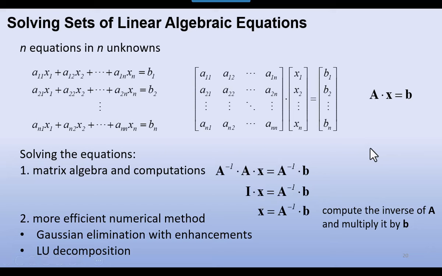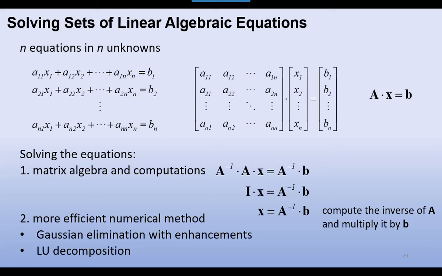Now we can do it that way, but numerically it is inefficient, and there are better algorithms for this that are based on techniques like Gaussian elimination, or another one that's called LU decomposition, where the L stands for lower triangular and the U stands for upper triangular. So there are more efficient methods available to us than just doing this calculation here. For small sets of equations, it won't make any difference practically to us which way we do that.